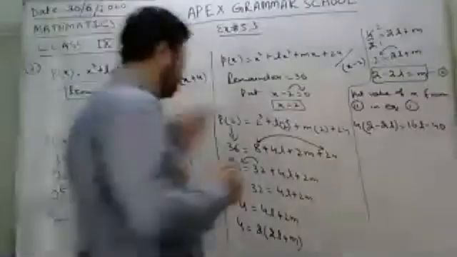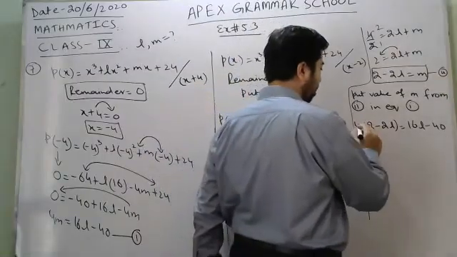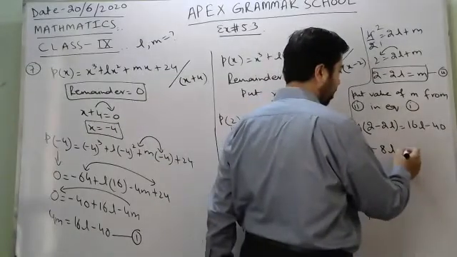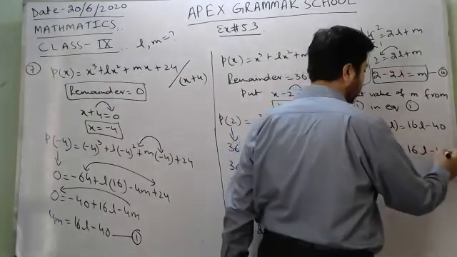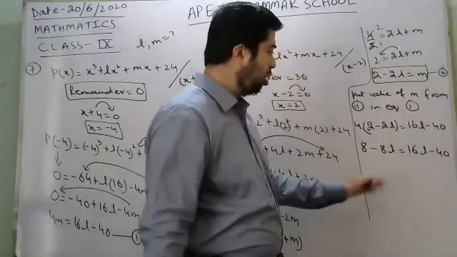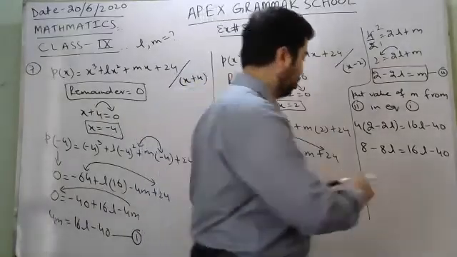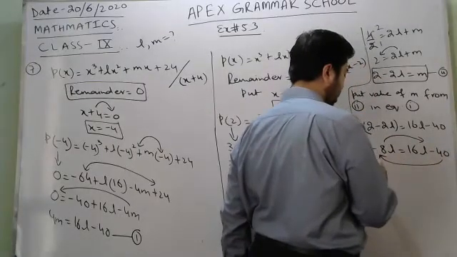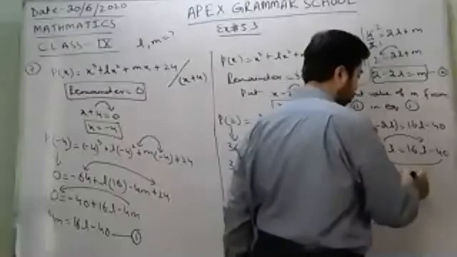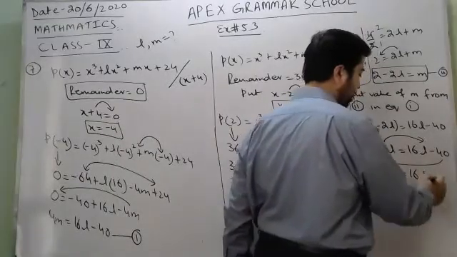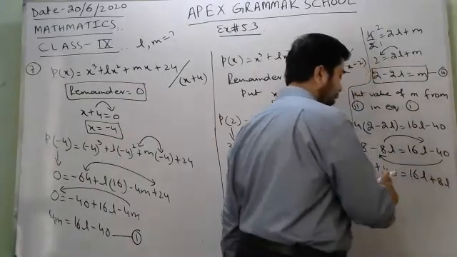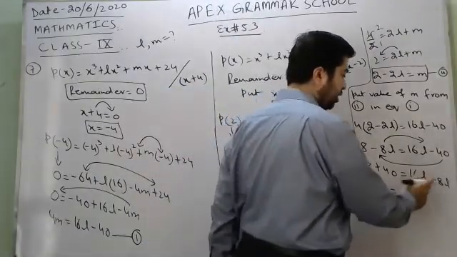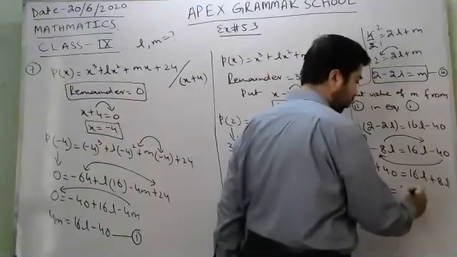Talking about this equation, multiply 4 inside, 4 times 2 is 8, minus 4 times 2L is 8L, is equal to 16L minus 40. Now move the values of L to one side, minus 8L will be here and minus 40 will be here. 8 plus 40 is equal to 16L plus 8L. 8 plus 40 makes 48 and 16 plus 8 makes 24L.